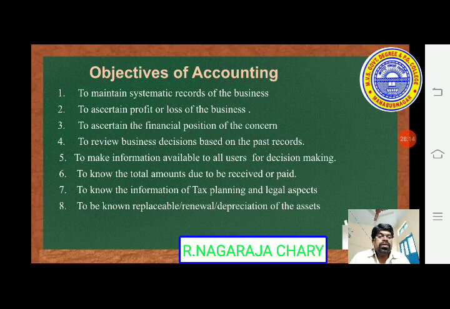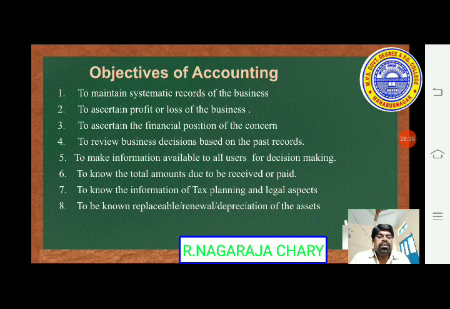Next, to review business decisions. Business decisions are to be reviewed based on the past records. Last year's profit, last year's loss, last year's expenditure, income, turnover, liabilities, maybe long term, maybe short term. Based on the past data, the decisions may be reviewed.